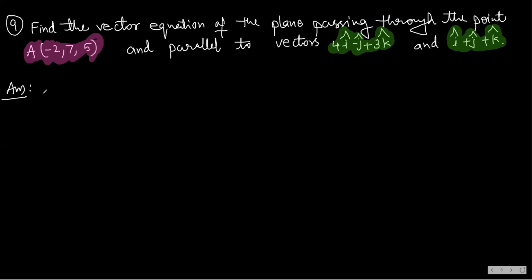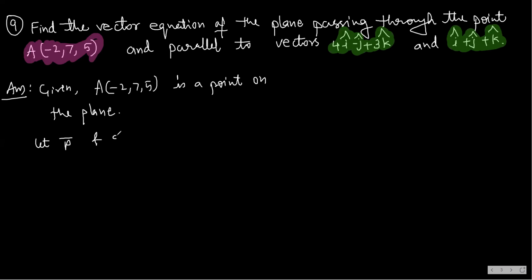Given A(-2, 7, 5) is a point on the plane. Let P bar and Q bar be the vectors parallel to the plane. You could even have written A bar, B bar, or B bar, C bar, but A is already there, so it is better to take P bar and Q bar.